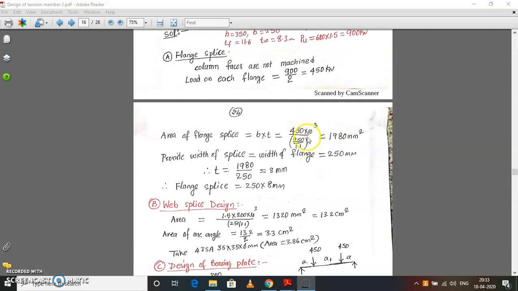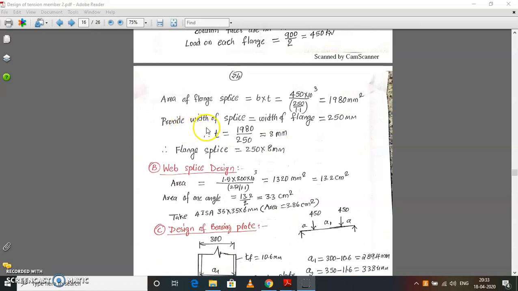So 450 divided by 250 divided by 1.1, that is equal to 1980 mm square. So provide width of the splice equal to width of the upper flange. Of course, the width of the upper column as well as the lower column is 250 millimeter. So therefore T works out to be 8 millimeter. So flange splice equal to 250 by 8 mm.